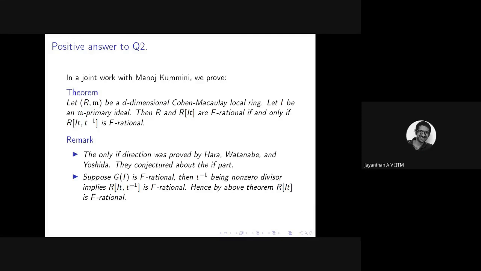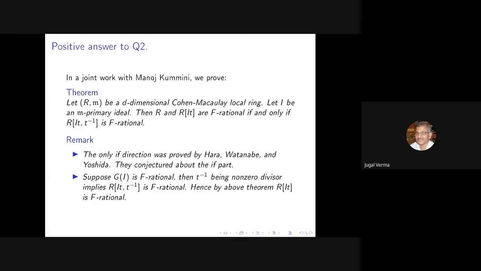If the Rees algebra is F-rational, then the associated graded ring need not be F-rational, because there are examples where the base is isomorphic to the associated graded ring, and we said that the Rees algebra being F-rational does not imply the base is F-rational. Okay, I got it. Thank you.